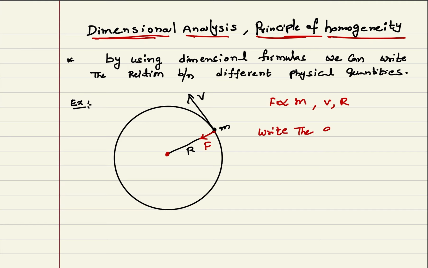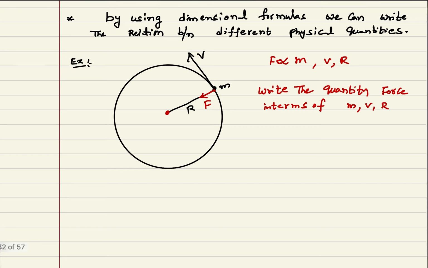I am going to write the quantity force in terms of mass m, speed v, radius r. How it is depending, we don't know actually. It may be m square v square r square, or maybe mv square by r. Maybe you might have studied earlier. I am just checking by using the dimensional method.